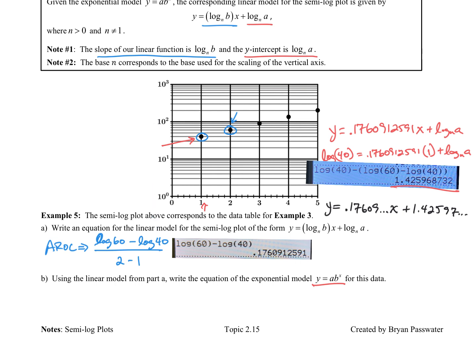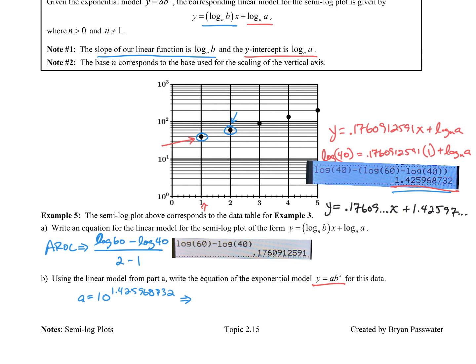10. And so to solve for A, we'll just use A first. To solve for A, we're going to do 10 to the power of what my A was. And so now I'm going to do 10 to the power of 1.425968732, so forth. All right. And so now I'm going to kind of use my calculator to cheat a little bit.